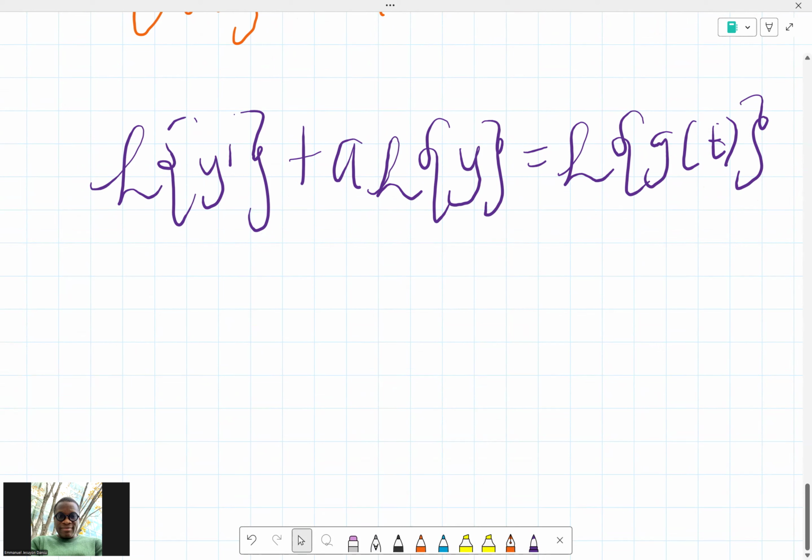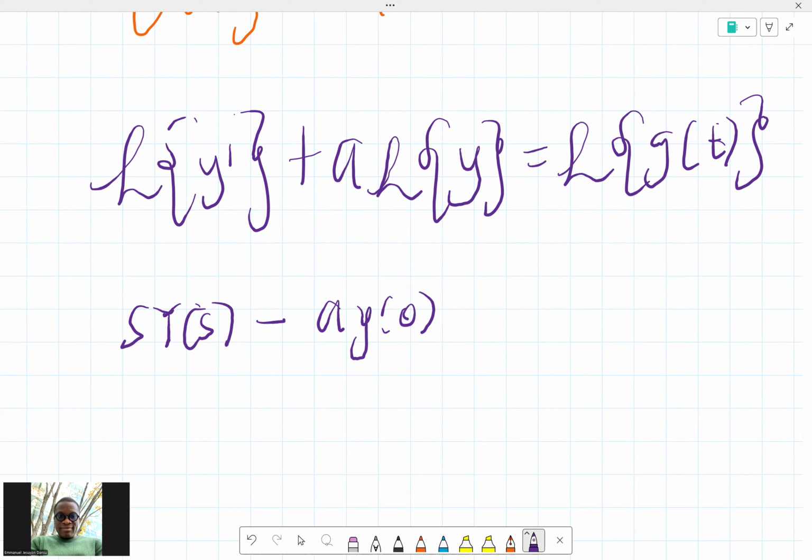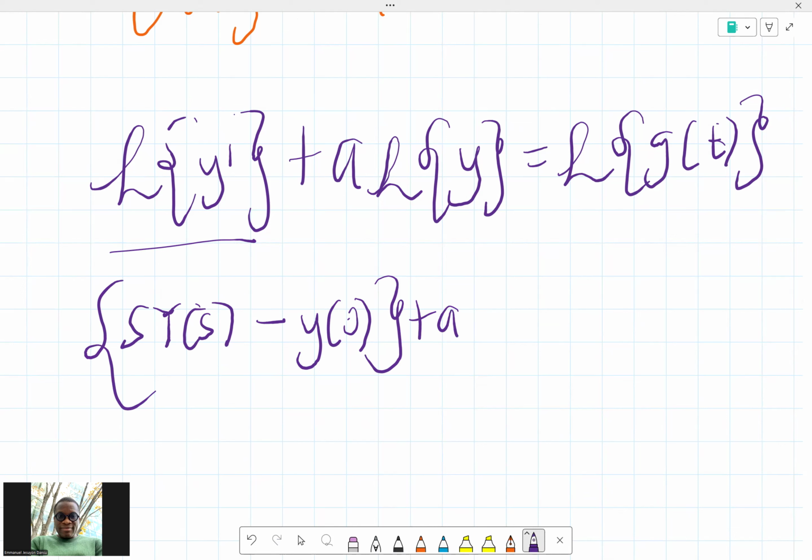So for the first part, it's s Y of s minus y of 0. For the second part, we have a, and the Laplace of y itself is just Y of s. Coming to the right, g of t just becomes G of s.